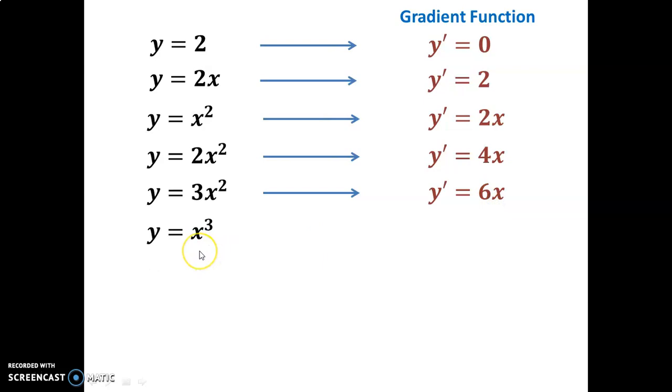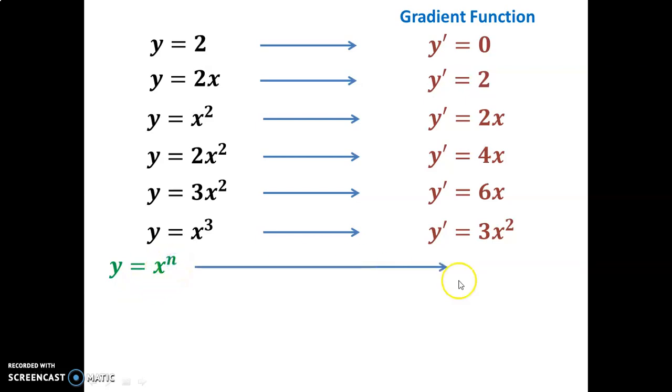Okay, next one. How about this one? I think you're getting the hang of it now, I hope. The derivative of that, or the gradient function, is 3x squared. Notice the 3 dropped to the front, and then this exponent was reduced by 1, which means now it's 2. Okay, try this. Now that you've seen those, you can write a general rule. What happens when you have x to some power?